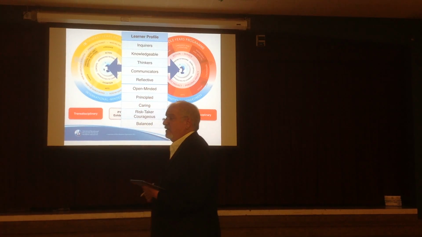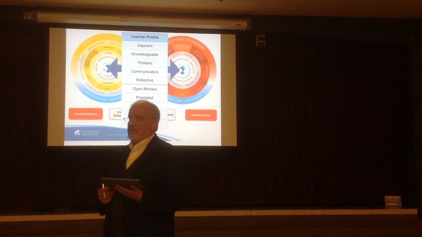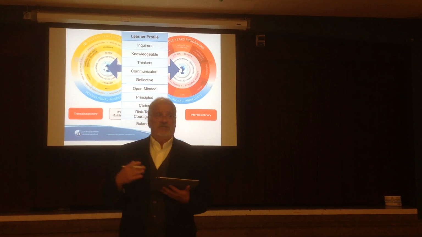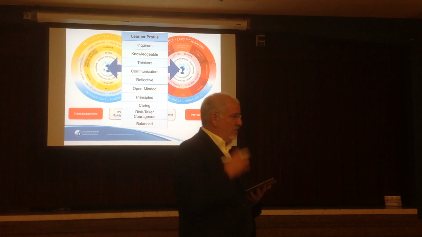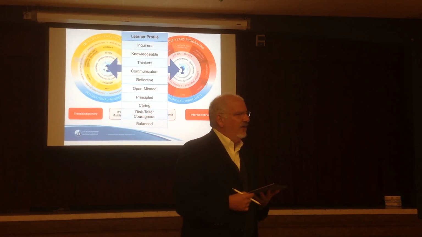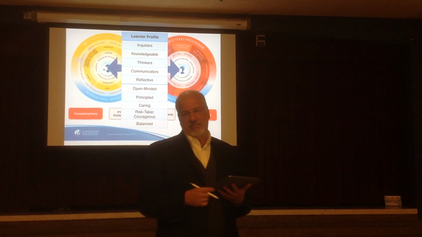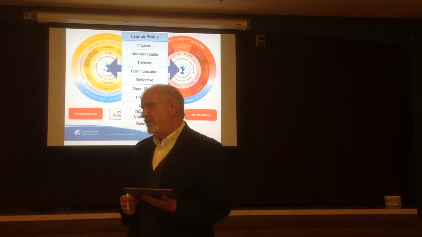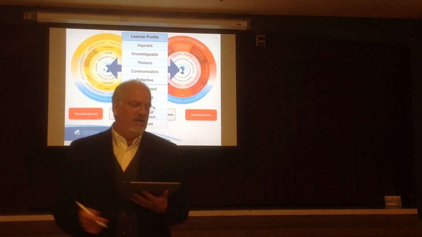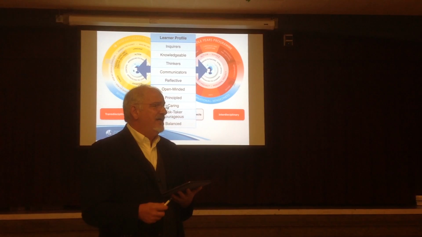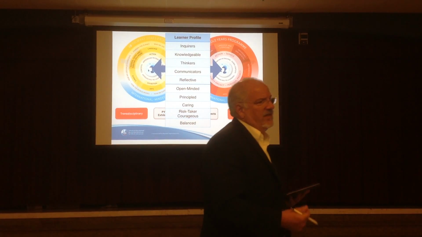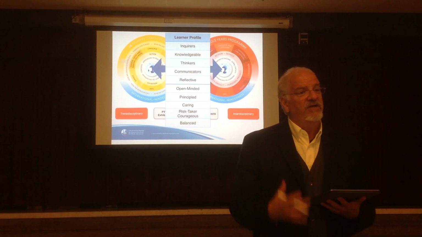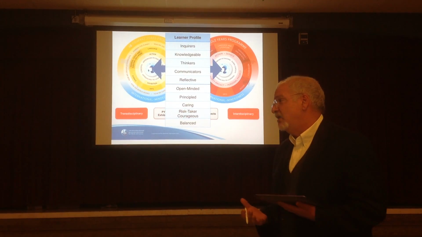Okay? And then finally, balanced, and especially in today's world, where kids are so heavily involved in so many things, and they have so much going on with technology. How do we treat and teach them to be balanced? And one of the things that you should know, especially for your community, is that balanced also includes, and IB acknowledges this, that spiritual can be part of the characteristics for being balanced.